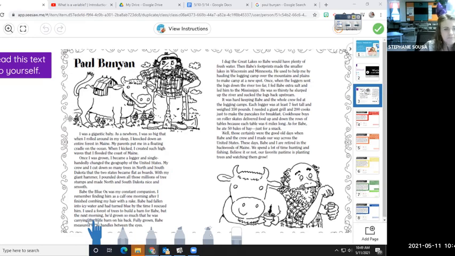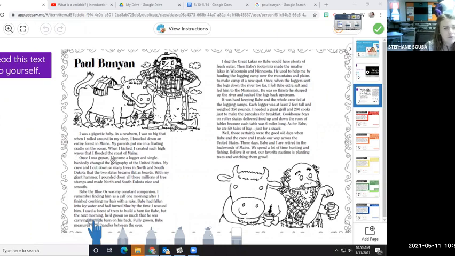Paul Bunyan. I was a gigantic baby. As a newborn, I was so big that when I rolled around in my sleep, I knocked down an entire forest in Maine. That didn't really happen. My parents put me in a floating cradle on the ocean. When I kicked, I created such high waves that I flooded the coast of Maine. That didn't happen either.